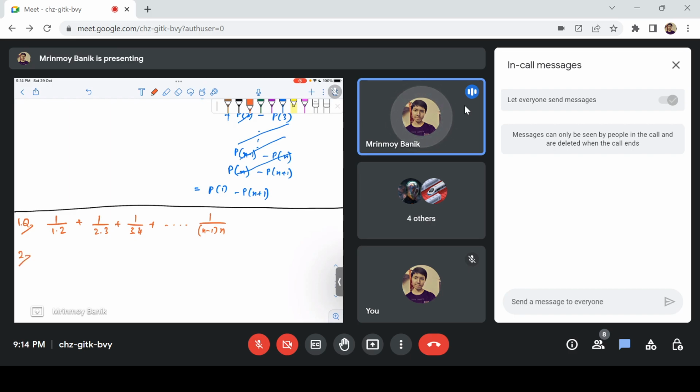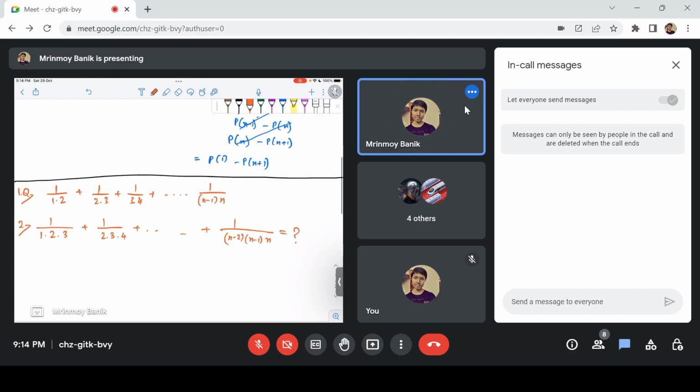The next problem is this. What if you have three terms? So 1 by 1 times 2 times 3 plus 1 by 2 times 3 times 4, like that up till 1 by (n minus 2) times (n minus 1) times n. So what is this sum equal to?